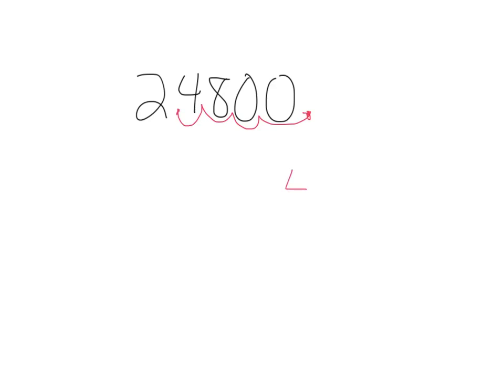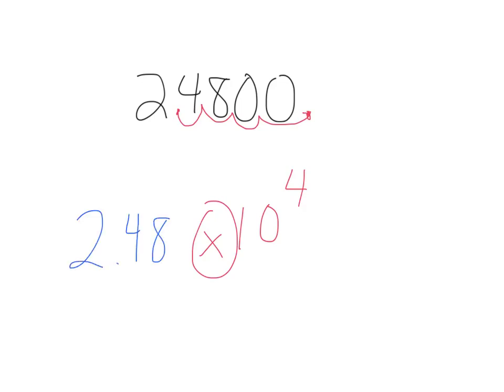So we know that it's to the fourth power. And we know that it's what to the fourth power? 10 to the fourth power. Okay. And again, this is the only time I allow you to use x. Now this number, we should say, is 2.48. Now to write it properly, we'd say it's 2.48 times 10 to the fourth.